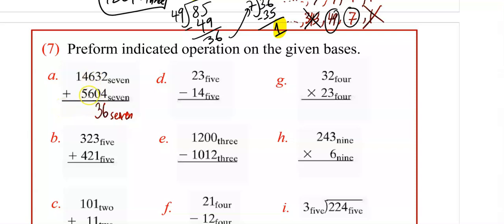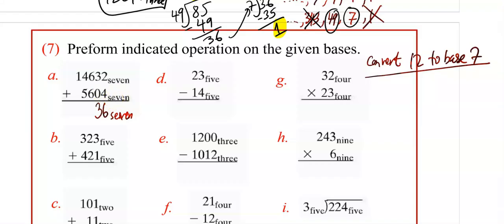6 plus 6 is 12. Since you add 6 plus 6, you get 12, which is bigger than 7. Therefore you need to convert that 12 into base 7, because as long as you add it, if the sum is more than the base, or equal to the base, then you have to convert back to the base by dividing by the base.